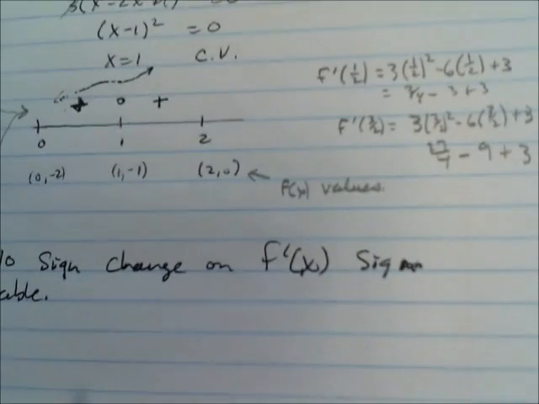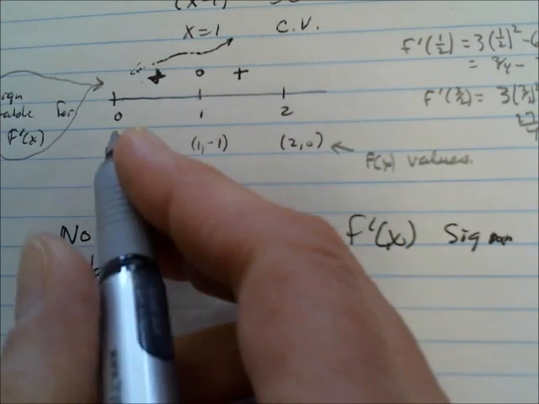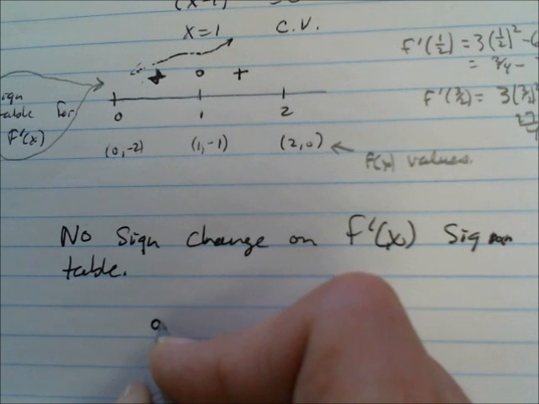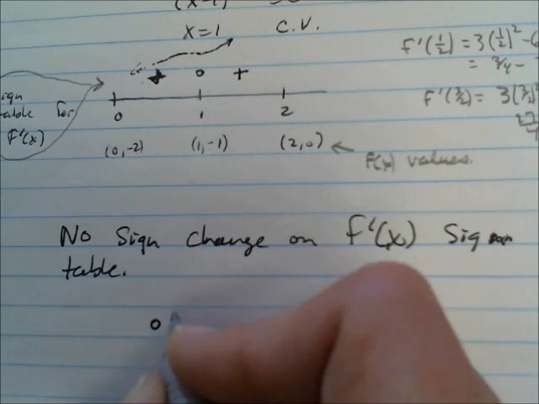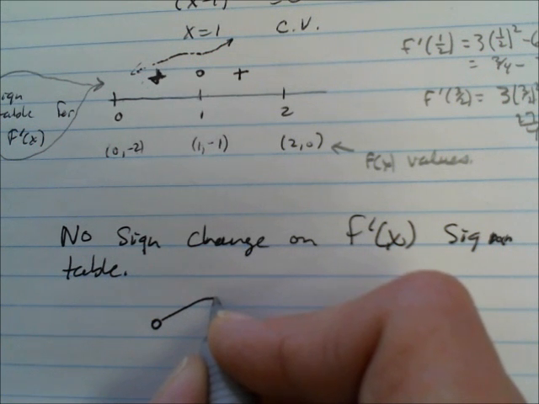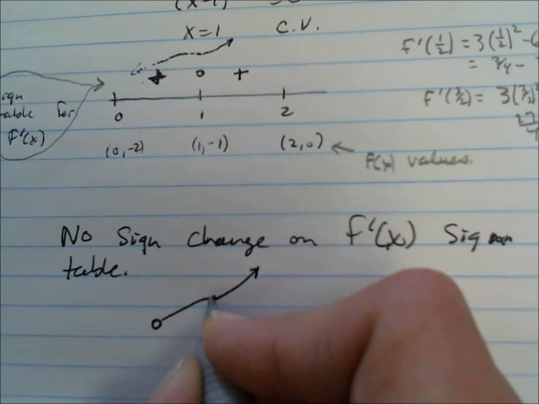So what that means is, like I said, starting at x equals 0, this graph is undefined at x equals 0, but then it's going to go up. It's going to have a derivative of 0 at x equals 1, but then it's going to start heading up again. So we have this critical value here.